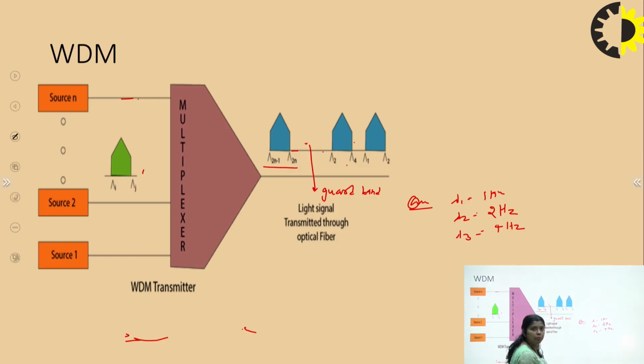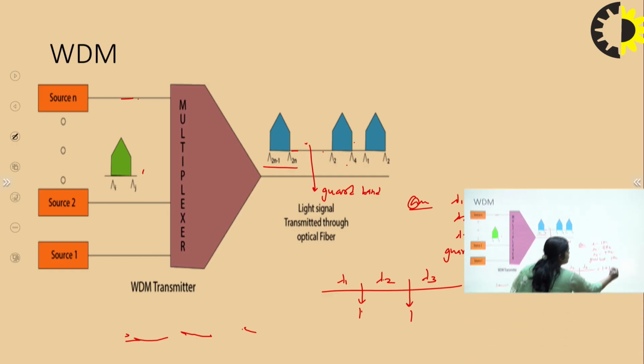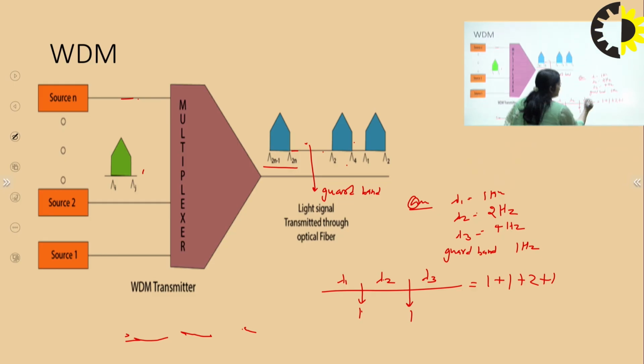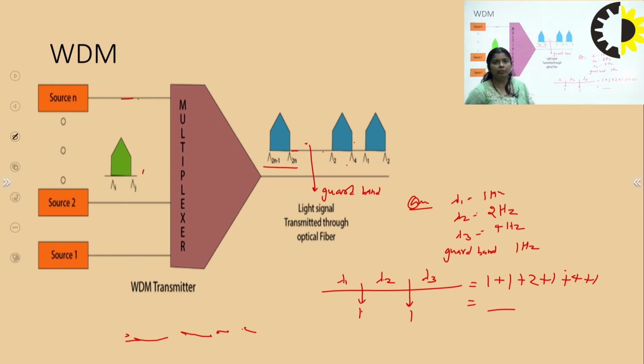If I ask what the guard band value or the totality of the frequency will be, and the guard band value is 1 hertz, then lambda 1, lambda 2 and lambda 3 are transmitted with a guard band of 1 hertz between them. So the total is lambda 1 as 1, guard band 1, lambda 2 as 2, guard band 1, and lambda 3 as 4 plus 1. This is the total frequency traveling over the shared medium.